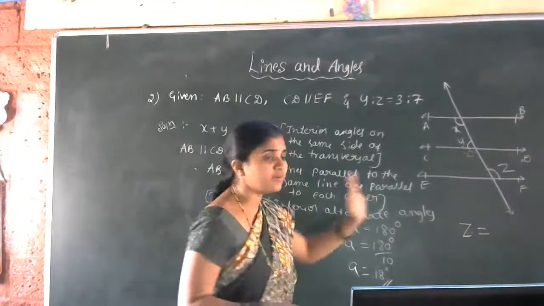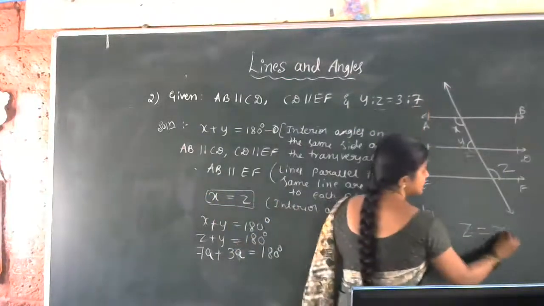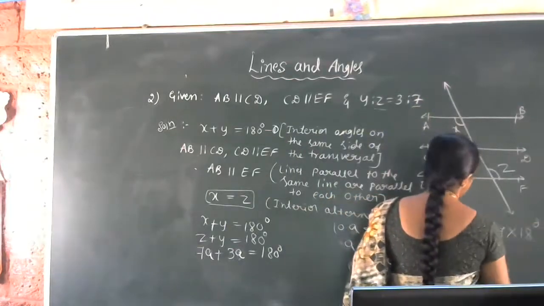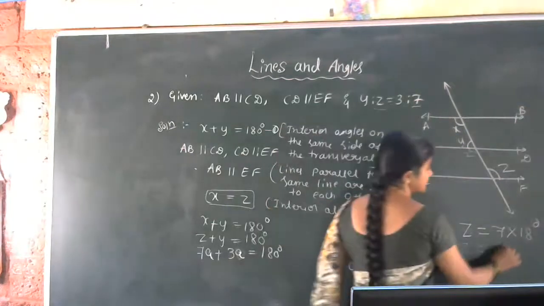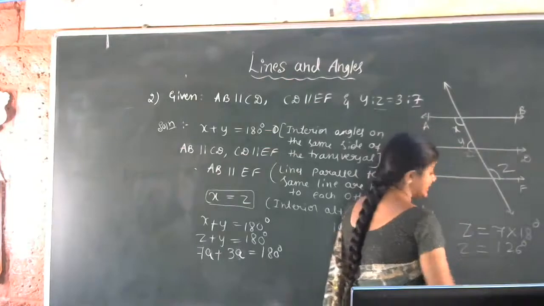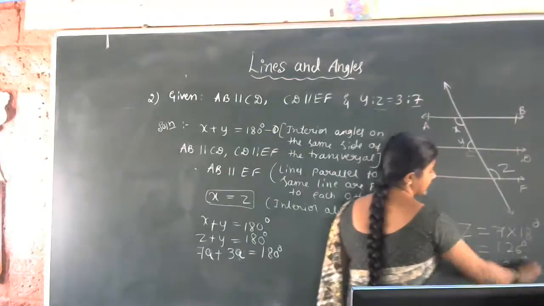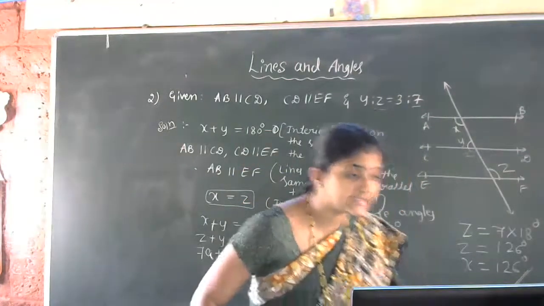Let us work out angle z. The z ratio is 7a, that is 7 into 18. 18 sevens are 126 degrees. If z is equal to 126 degrees, then x is also equal to 126 degrees, students.